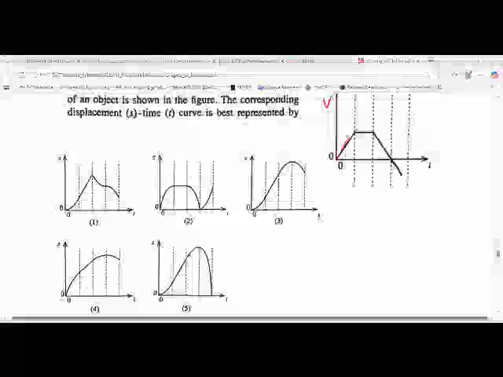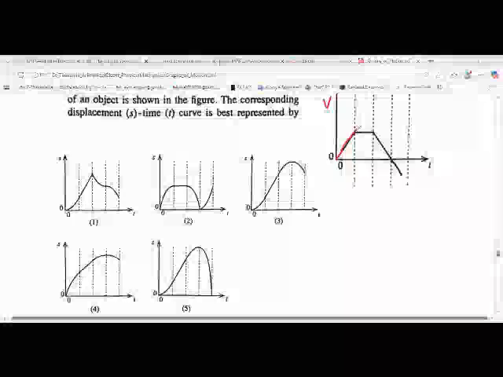This line represents acceleration. Okay, acceleration. Also, we know this part represents motion in one direction. If it is on the negative side of velocity, it represents motion in the opposite direction.